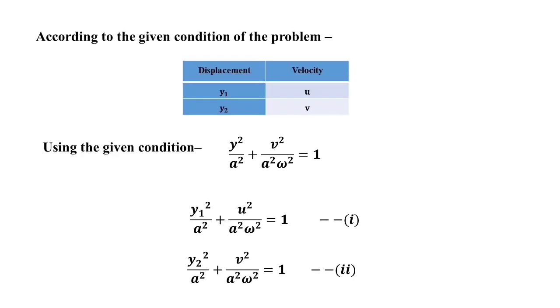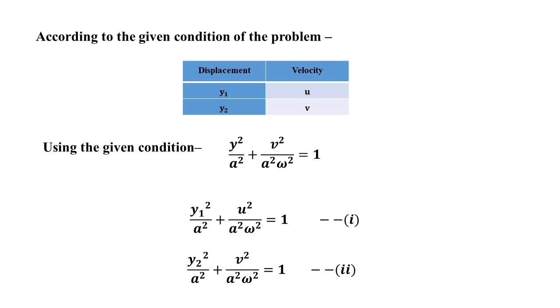According to the given condition of the problem, the velocity at the position y1 is u and the velocity is v when the displacement is y2. Now we have obtained the relationship between displacement and velocity as y square by a square plus v square by a square omega square is equal to 1.